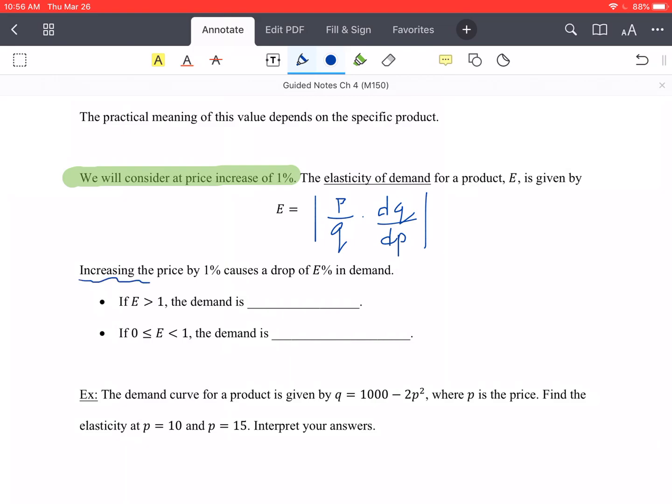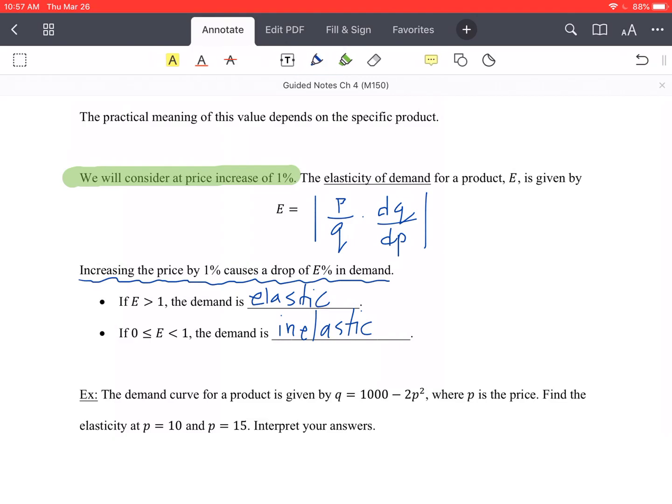If E is greater than 1, the demand is elastic. If E is between 0 and 1, the demand is inelastic. And if you're wondering what happens when E is less than 0, well, it'll never be less than 0 because it's an absolute value, right? It'll never be negative. So let's go ahead and take a look at an example.